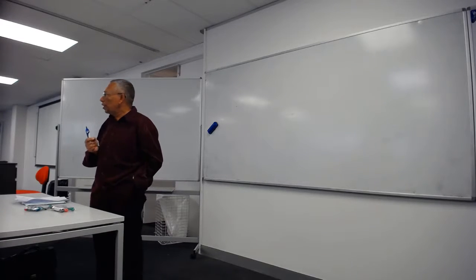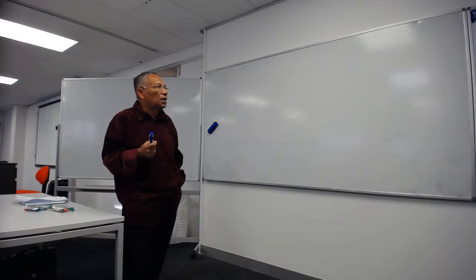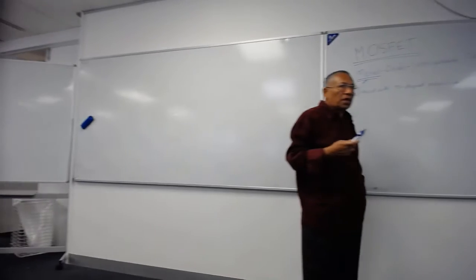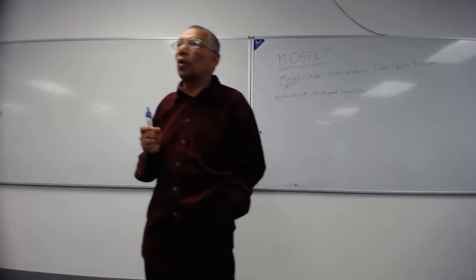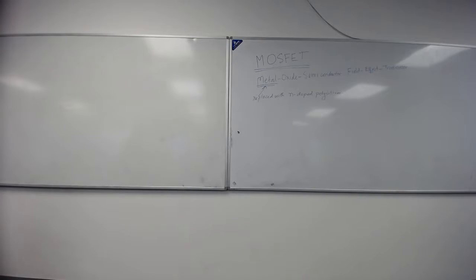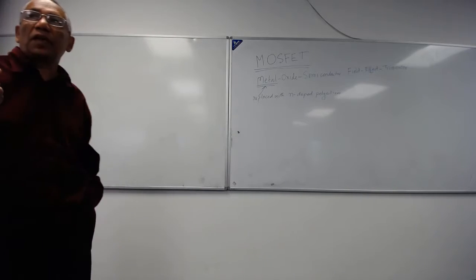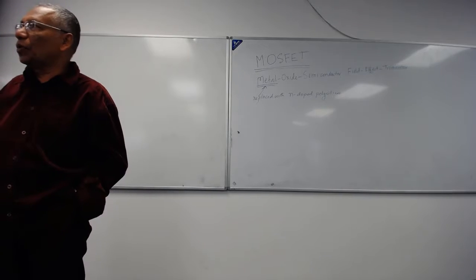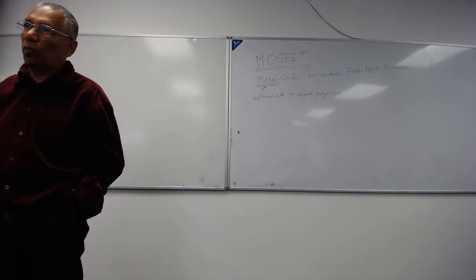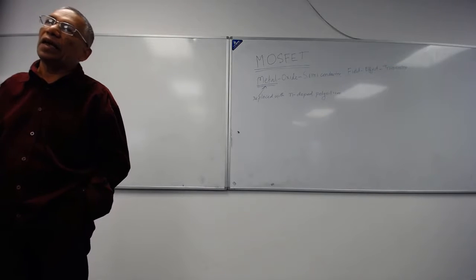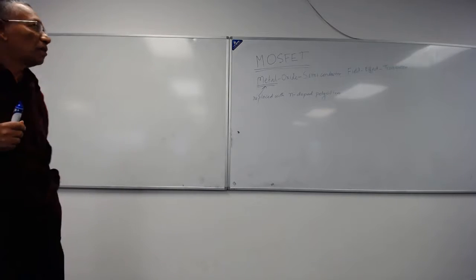So the n-doped polysilicon is like a metal, because its resistance is very low, but it is better than metal because it helps to turn on the MOSFET at a lower voltage. So it has the properties that you want in a metal, but it is better than metal, specifically as a gate of the MOSFET device.